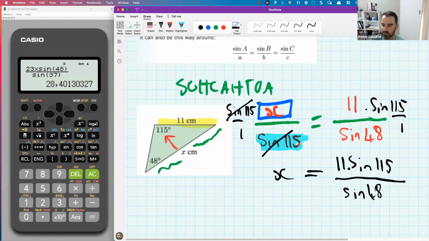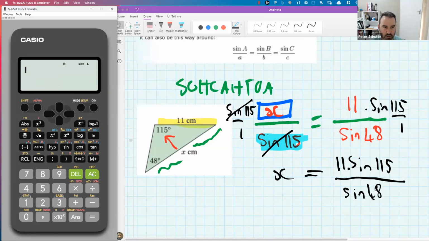And now what we need to do is try and put this in our calculator in a nice way. So I'm going to show you what I do. I hit the fraction button. I go 11 times the sine of 115, and then I move it down, and then I go sine 48, and I hit equals.